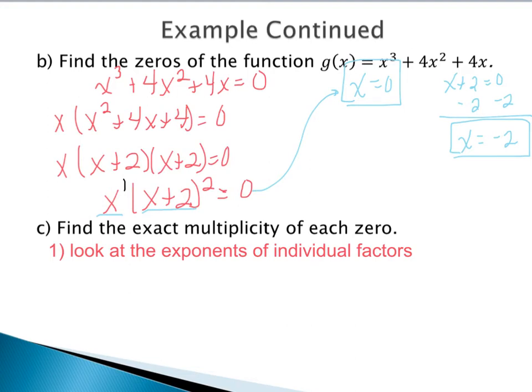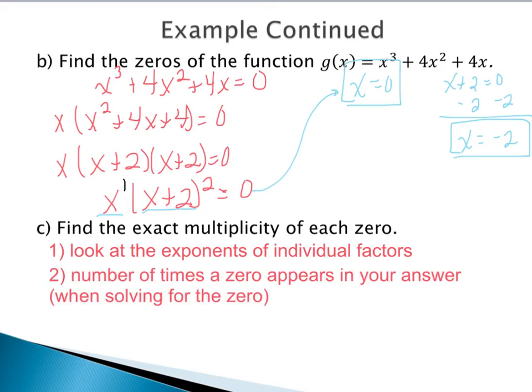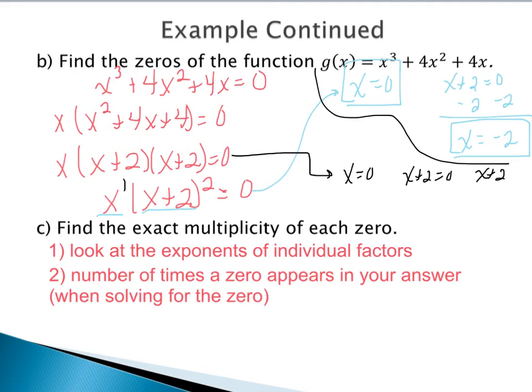Another way to do it would be the number of times your zero appears in your answer. How this might be helpful is if you didn't rewrite it as x plus 2 squared. If you stopped at this point and said, okay, I'm going to solve this, you would get x equal to 0, x plus 2 equals 0, and x plus 2 equals 0.